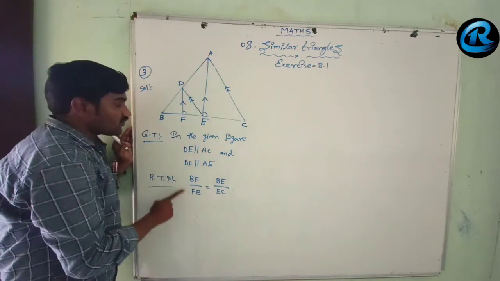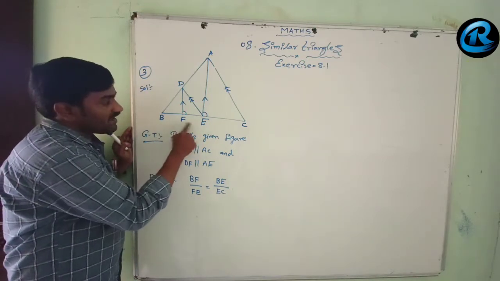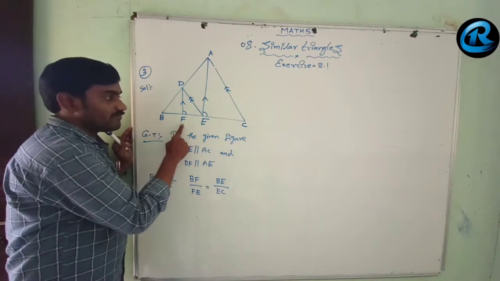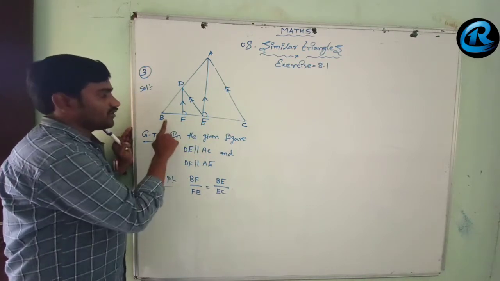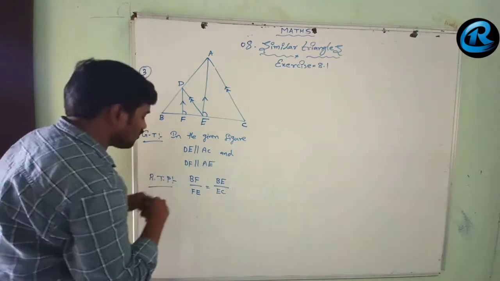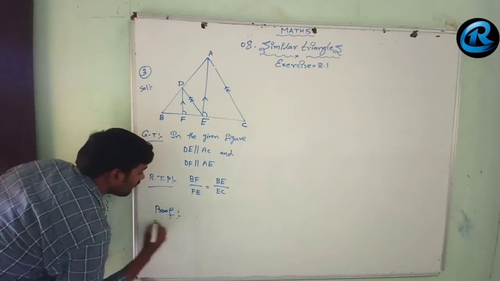So what do we need to prove? Here DF by FE is equal to BE by EC. BF by FE is equal to BE by EC. This is what we need to prove. Let us go for the proof, children. Very simple.